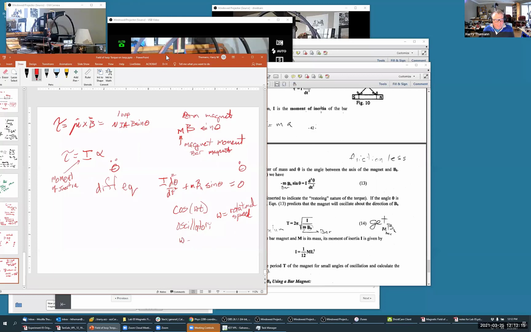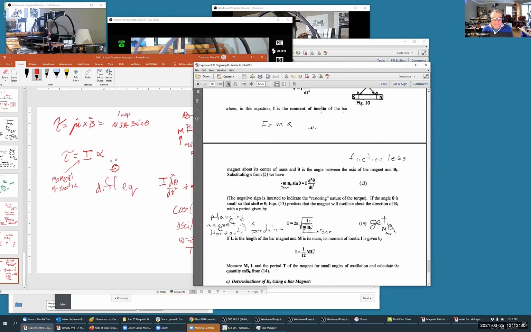So then omega equals 2 pi times the frequency, and then we have a thing called a period, which is 1 over f.